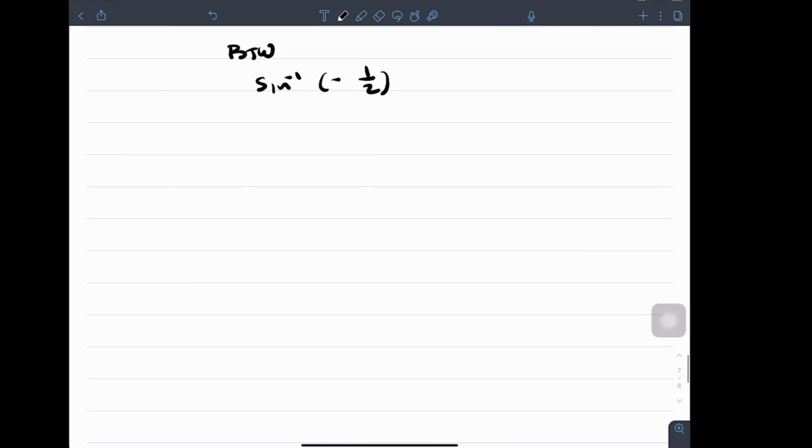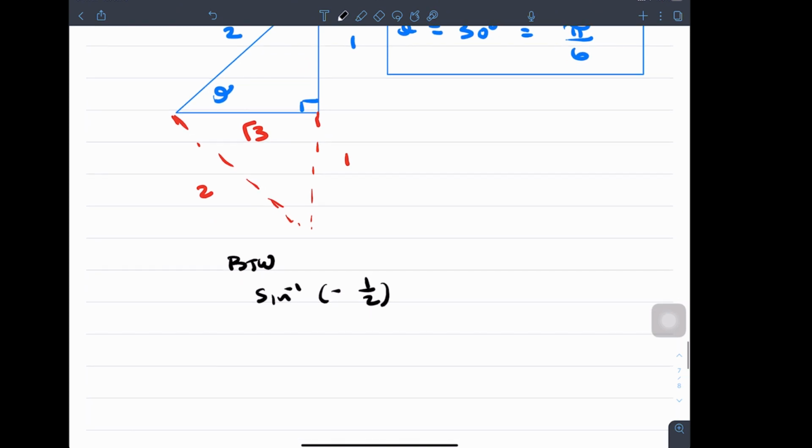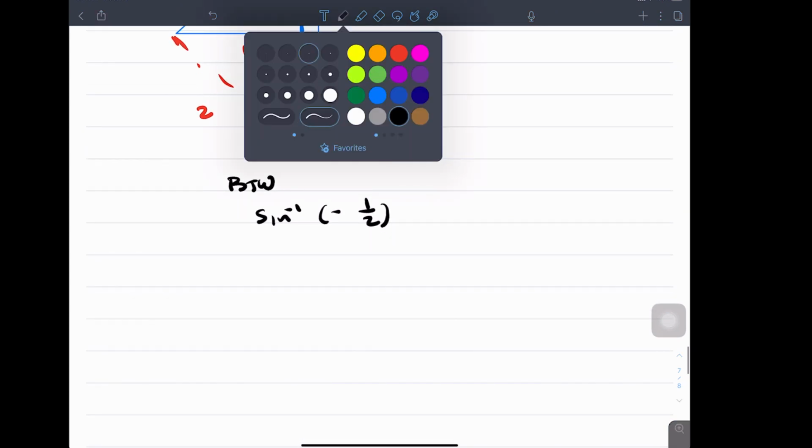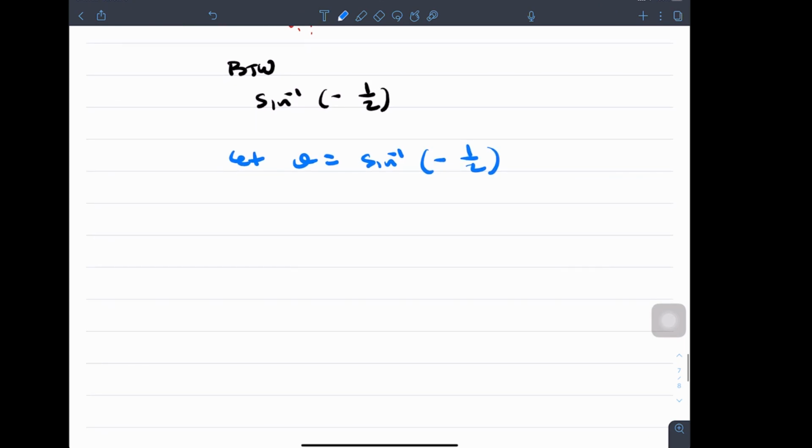And then you say, by the way, what if they wanted you to evaluate inverse sine of now maybe negative 1/2? Just to share with you guys that one. Negative 1/2? Yes. What's the process? You guys remember? You let theta be inverse sine of negative 1/2, and then what happens?